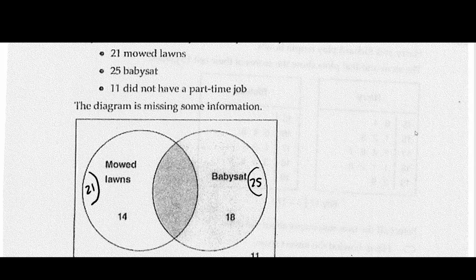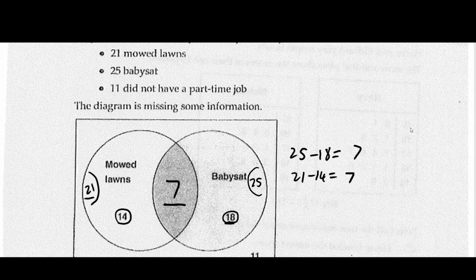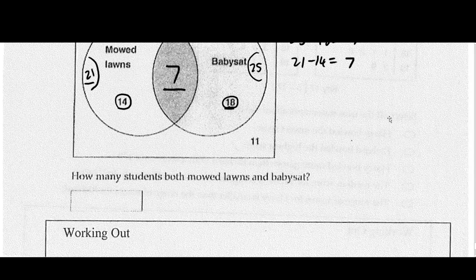So 25 take 18 gives 7. All right, and 21 take 14 is 7. So 7 is in the middle there, because 14 plus 7 gives 21, and 18 plus 7 gives 25. How many students mowed lawns and babysat? 7. And that's it.